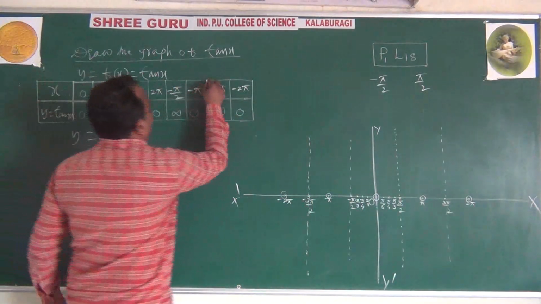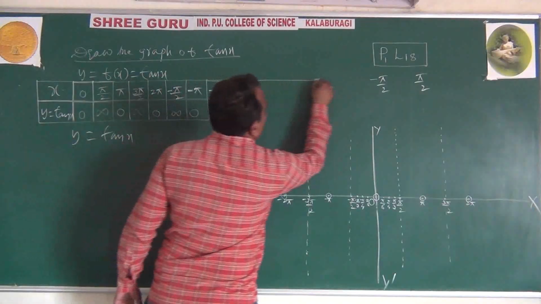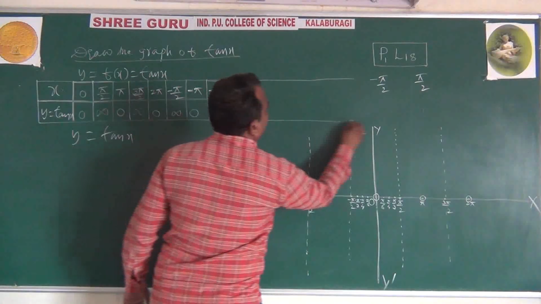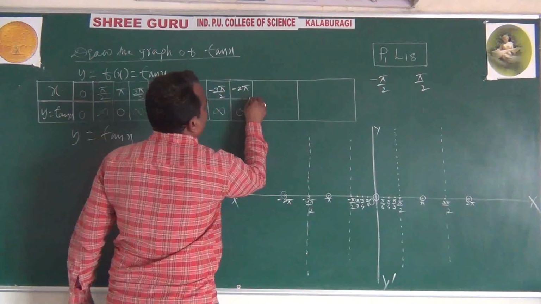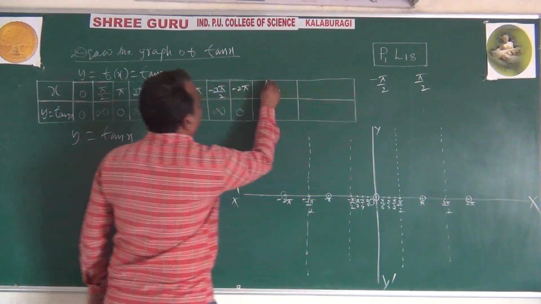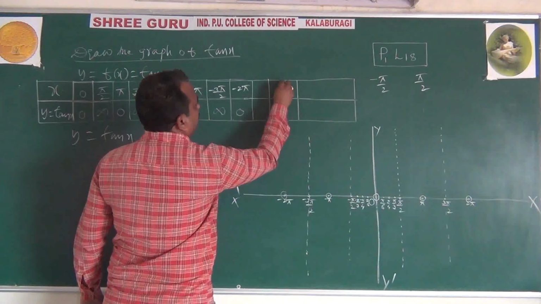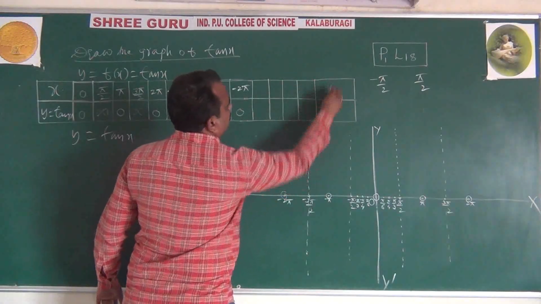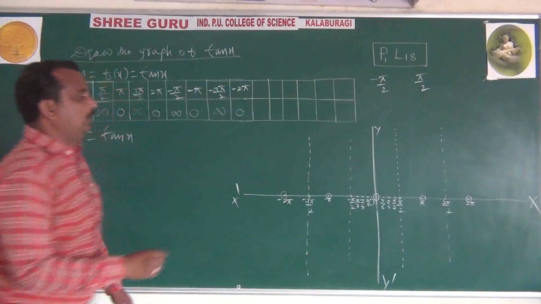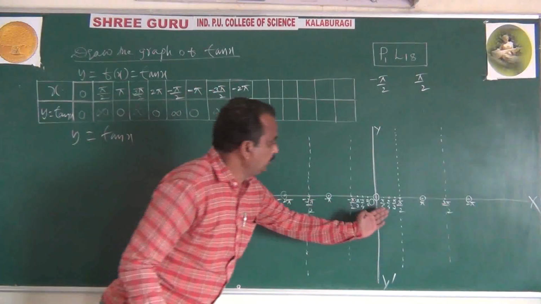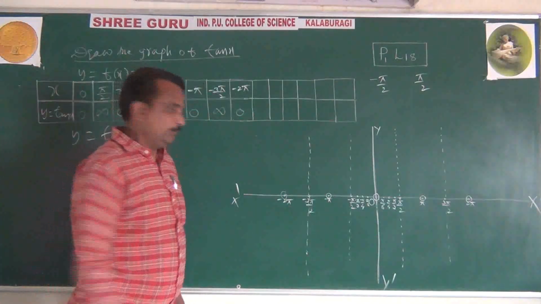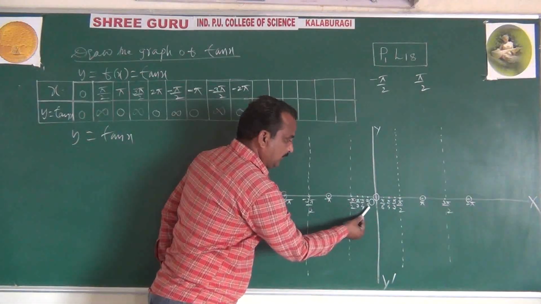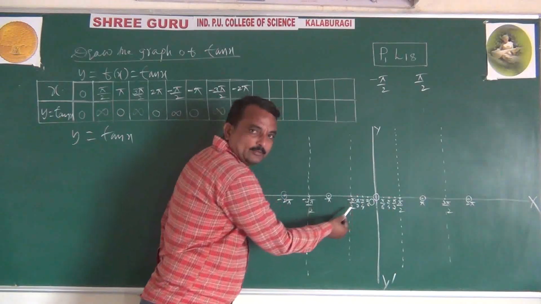I will extend this table for these further values. Here I am extending these values. Let us see these values: 3 positive and 3 negative values. What we have taken as the 3 positive values: 30 degrees, 45 degrees, 60 degrees. Minus 30 degrees, minus 45 degrees, minus 60 degrees.